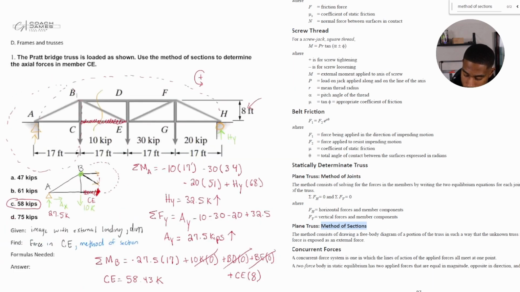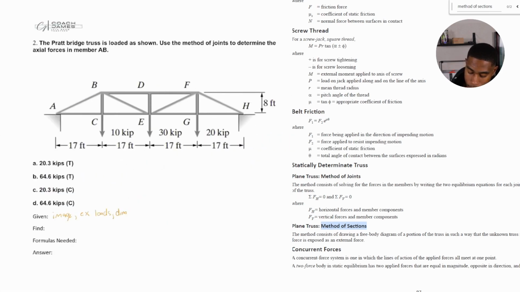I'm going to go ahead and give you the values of AY and HY. So AY is going to be 27.5 newtons. And this reaction here, AX, is going to equal 0.